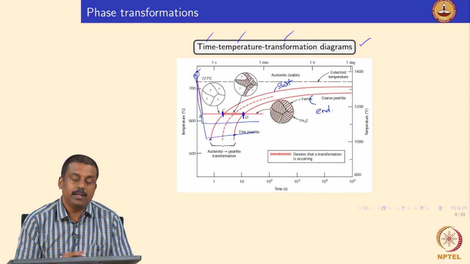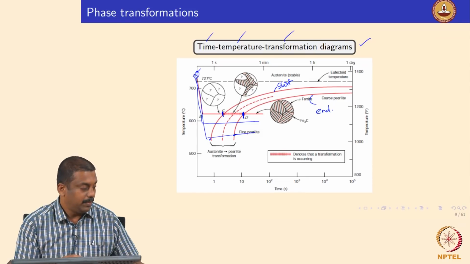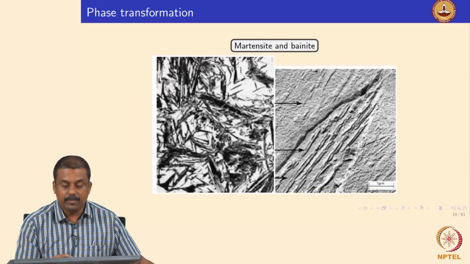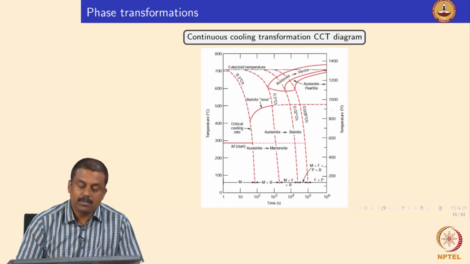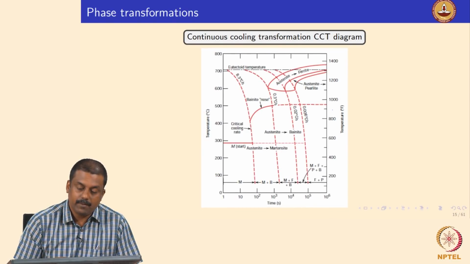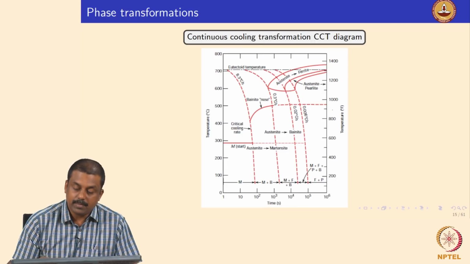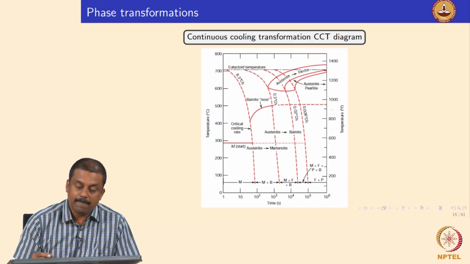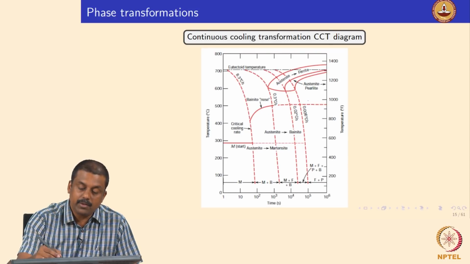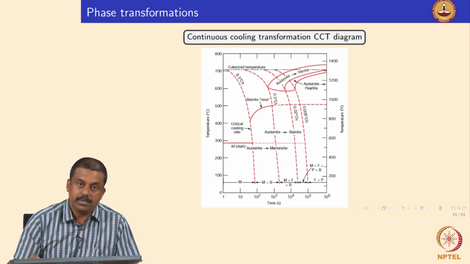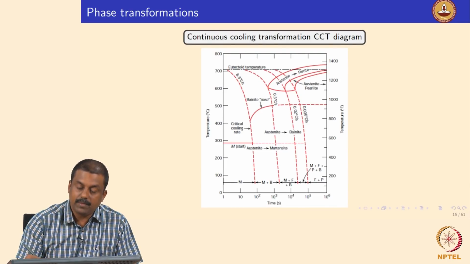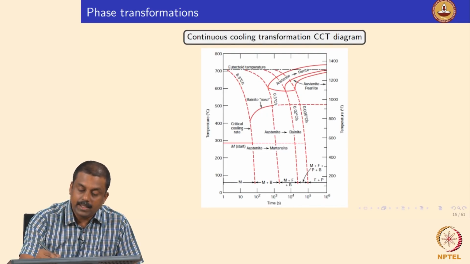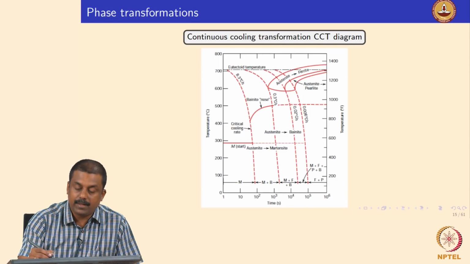So we need to include other parameters compared to this diagram, which is known as the continuous cooling transformation diagram. Okay. So in the continuous cooling transformation diagram, we identify the start and end of transformation when you are continuously cooling from high temperatures to room temperature. Okay. And during this cooling process, we identify the start and end of transformations.